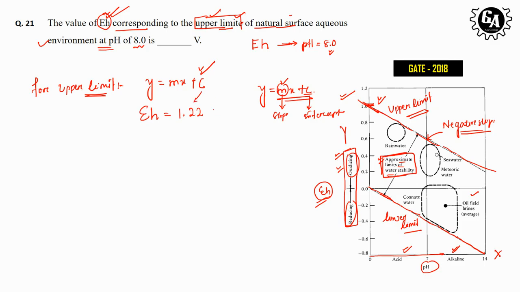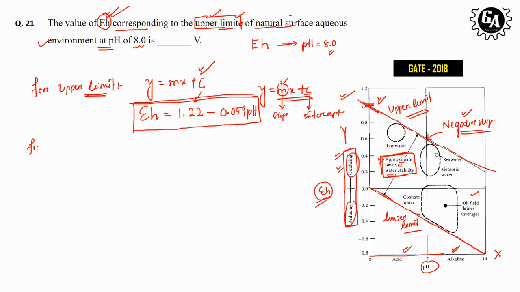This is the intercept c, and minus, why minus? Because of the negative slope. What is the slope? This is 0.059 pH. This is the relation between EH and pH for the upper limit.